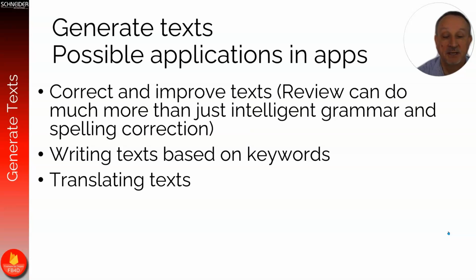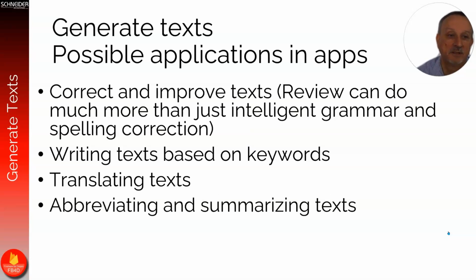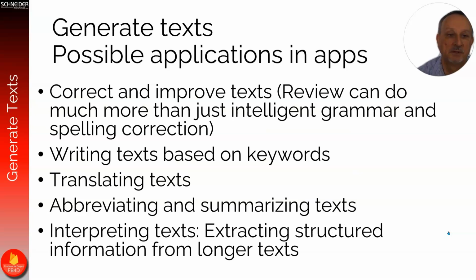We can translate texts, of course, and we can abbreviate and summarize texts out of documents. And we can interpret text, extracting structured information from longer texts or from longer documents.